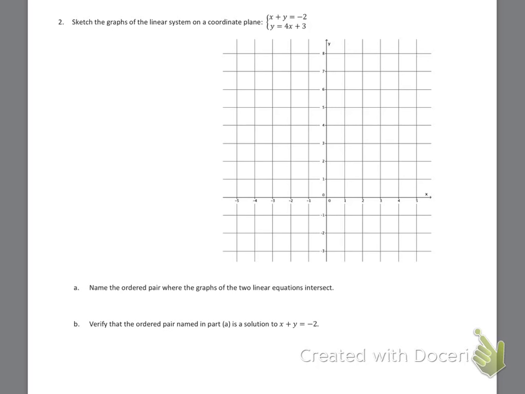Sketch the graph of these equations, and we've got x plus y equals -2, and y equals 4x plus 3. Okay, so once again, I'm going to use intercepts for the first one. x plus y equals -2. So when x is 0, y is -2.